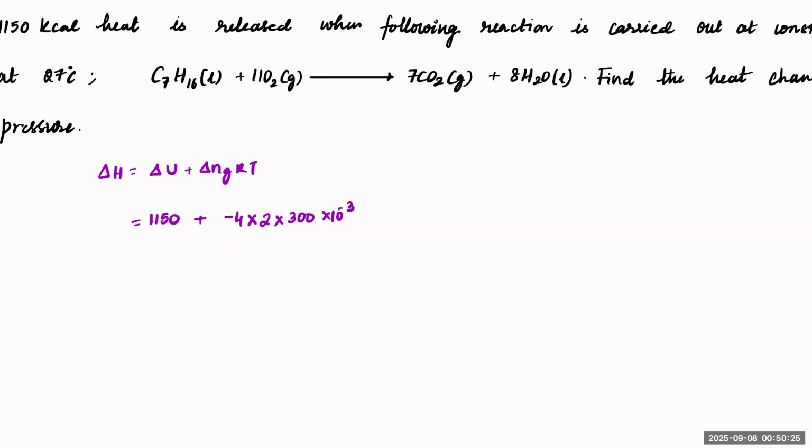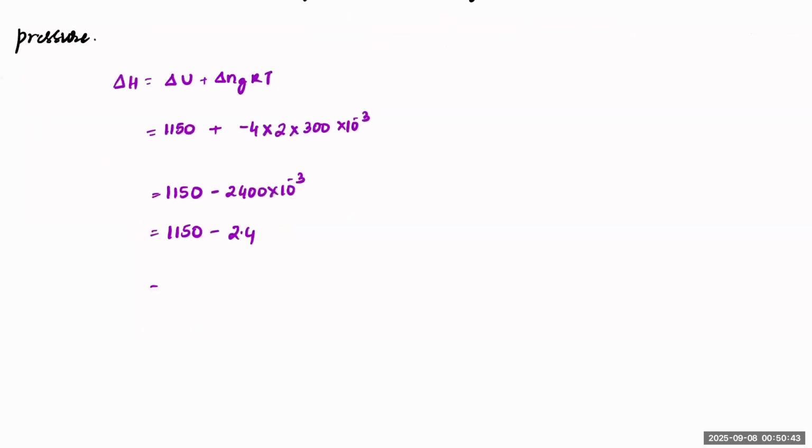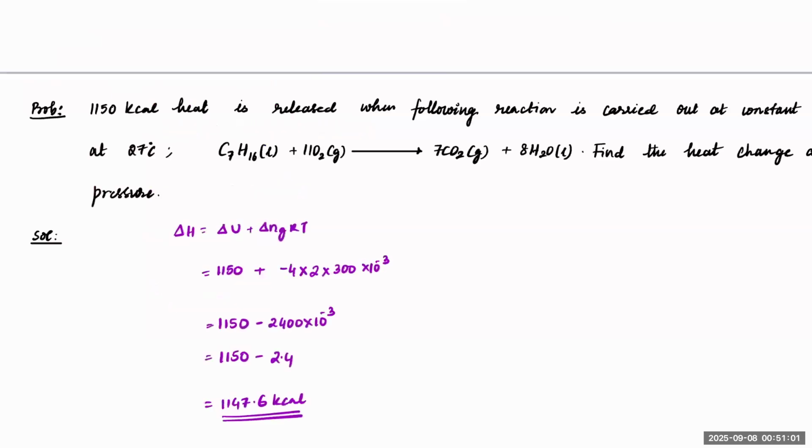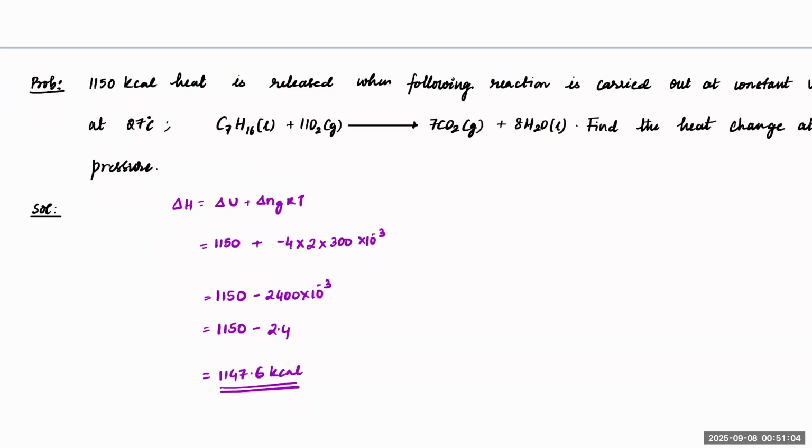So that will be equal to 1150 minus 2400 into 10 raised to the power of minus 3, which is 1150 minus 2.4. So that will become 1147.6. So this many kilocalories is the delta H value. Please check, everybody. If you have any doubt, you can ask me now.